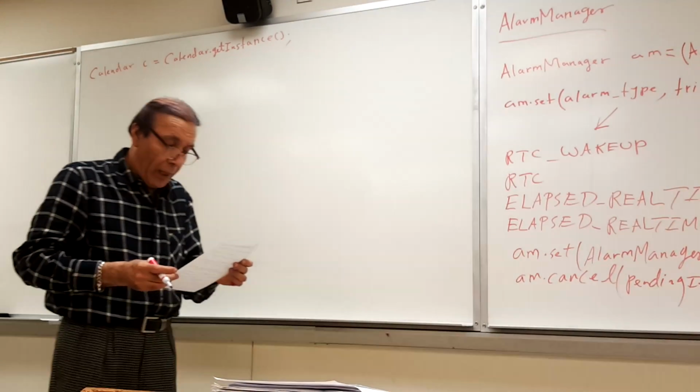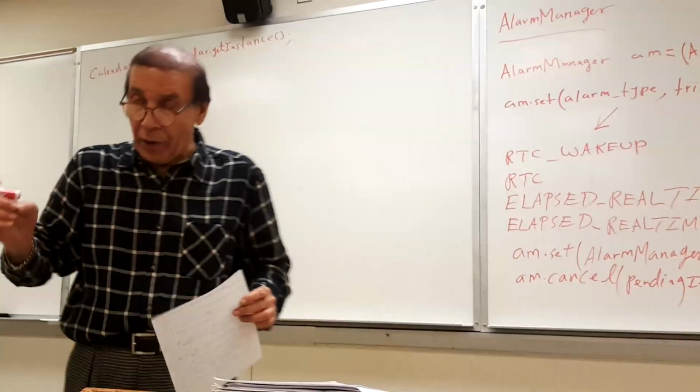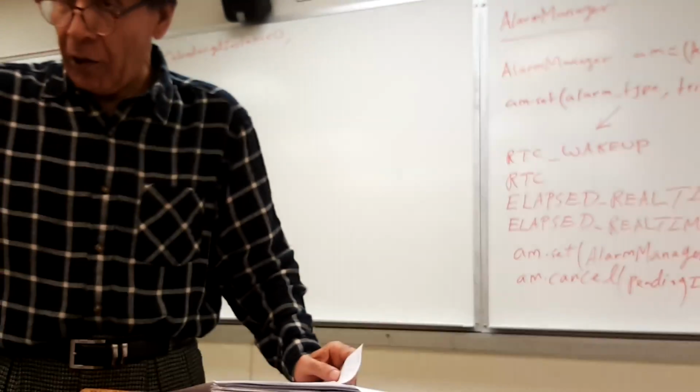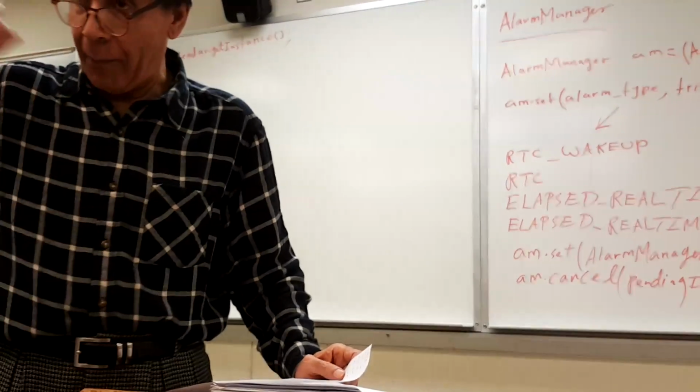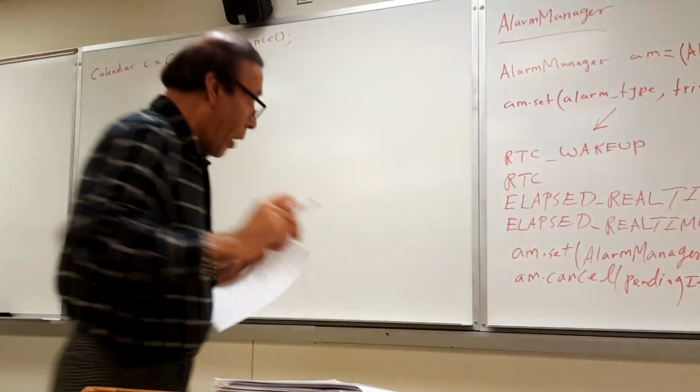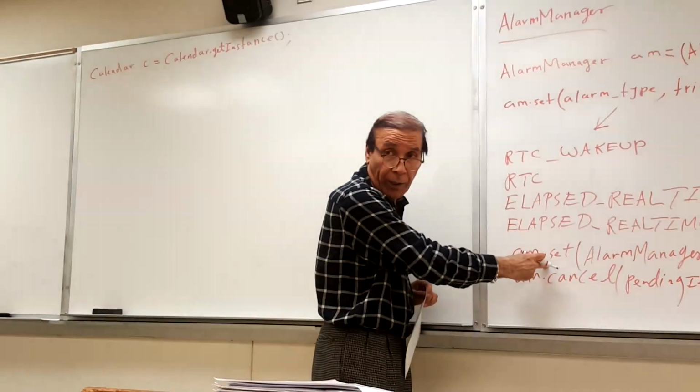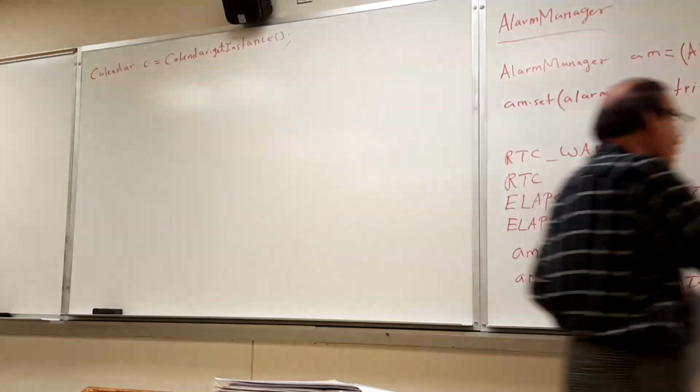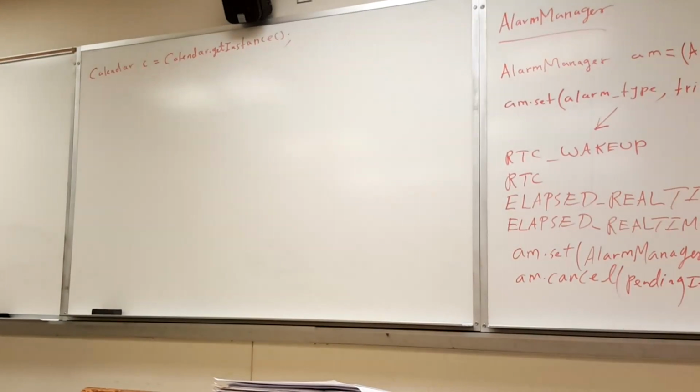Now let's say I want to set up a time right now. It means I want something to happen right now. So you know I'm going to use set or setExact, but the timing, I'm going to go back to here now. How is this going to work? I have to set up right now. How are you going to set up right now?